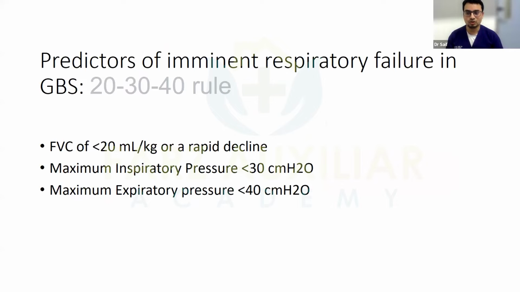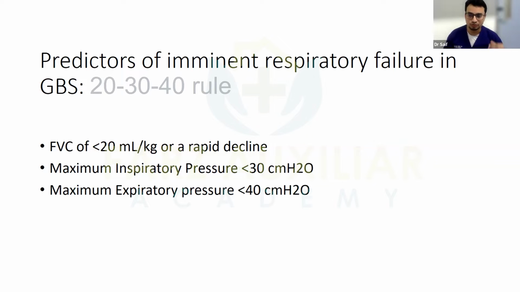There is a rule called the 20-30-40 rule for the prediction of imminent respiratory failure in GBS or any neuromuscular disease, and it is also a predictor of the requirement for mechanical ventilation.